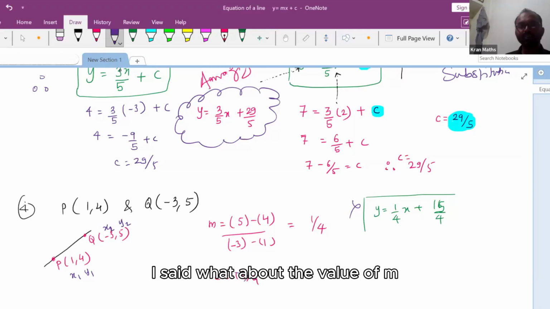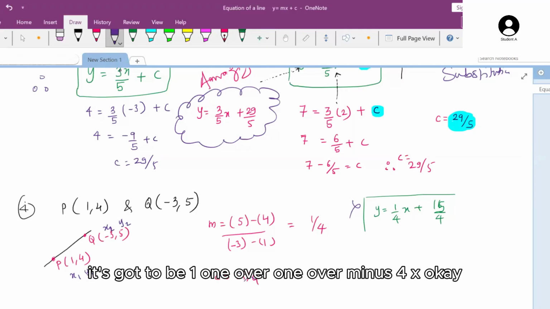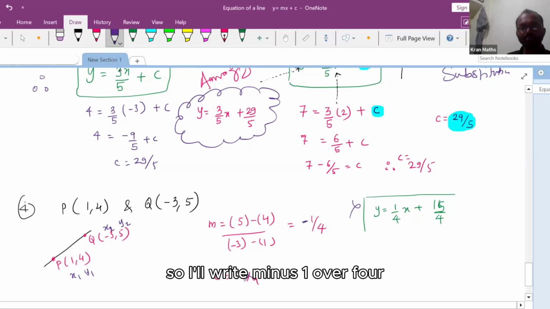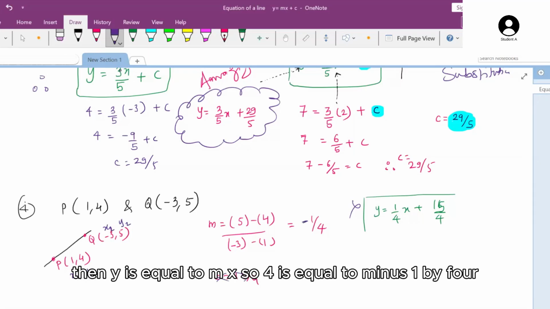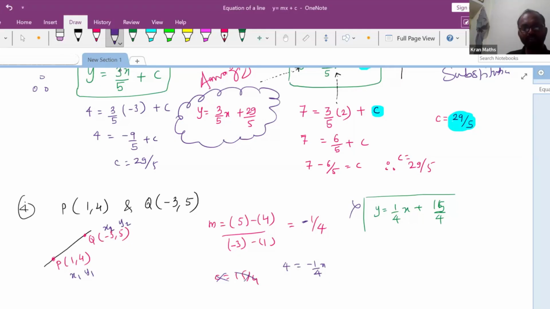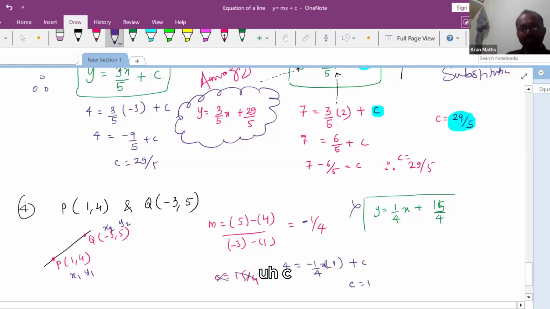Achha, what about the value of m? How much is the gradient going to be? It's going to be 1/4 over -4. Okay, so I'll write minus 1/4. Then y is equal to mx plus c. So 4 is equal to minus 1/4, X value is 1, plus c.